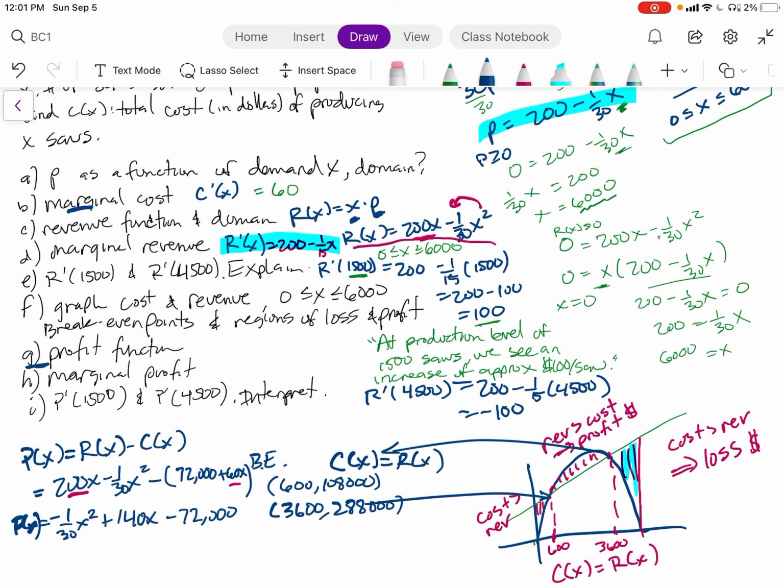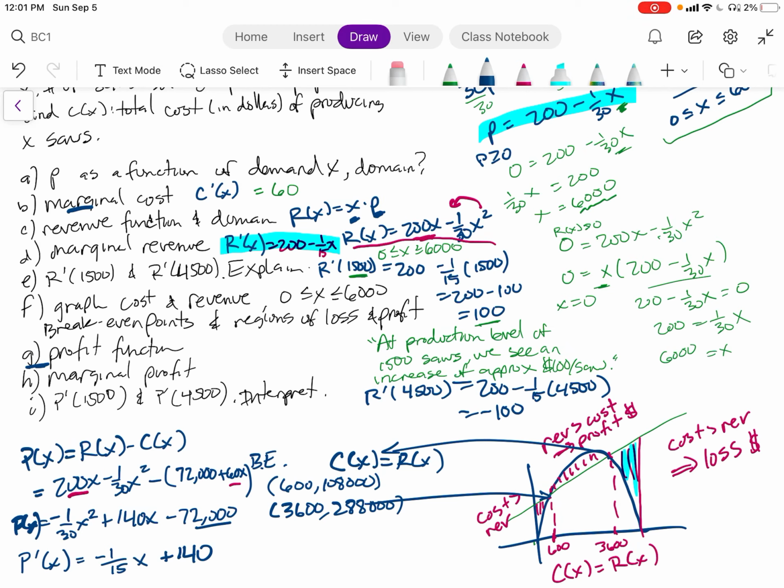Marginal profit, derivative. Okay, so the derivative, again, bring down that 2, we get negative 1/15th x plus 140, and then the derivative of that is 0. Derivative of a constant is 0.